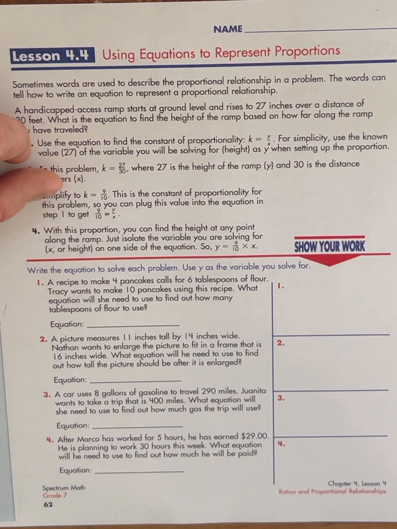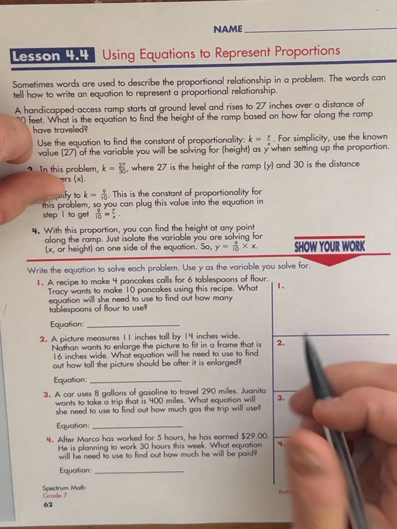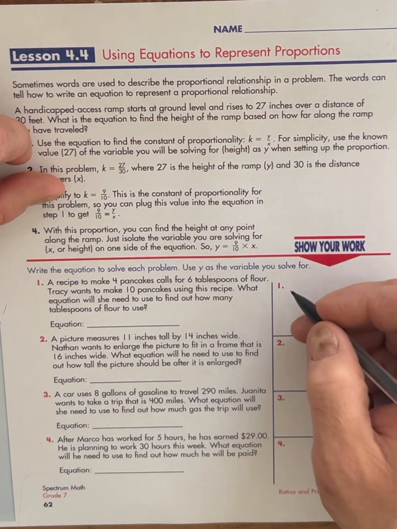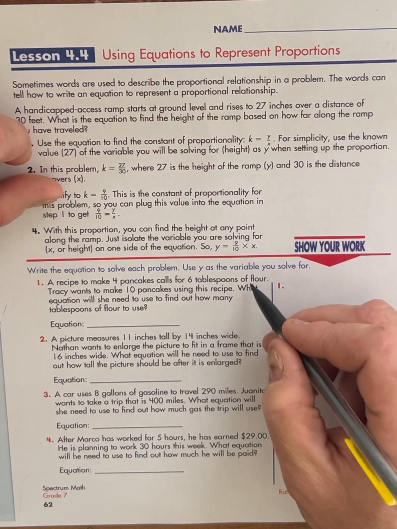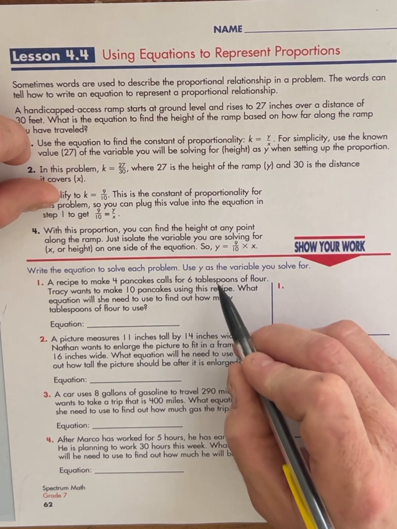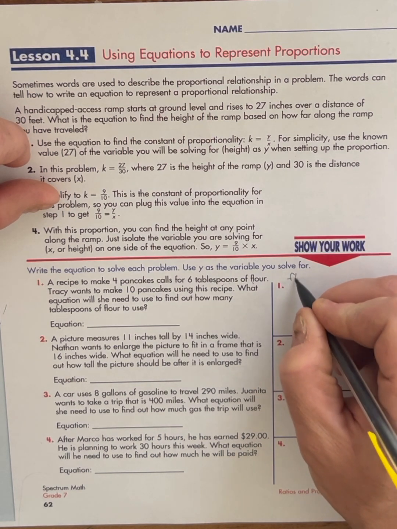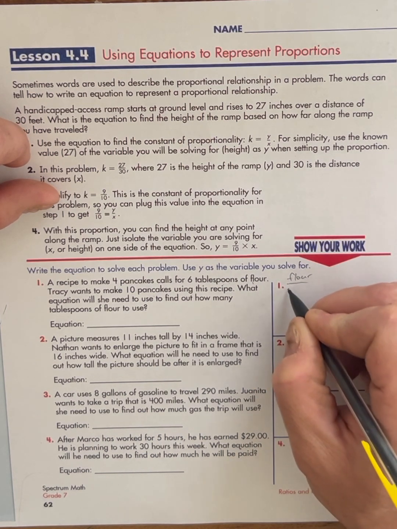So the first thing, when you're solving a proportion, you need to decide what two numbers are going to be where. So I'm doing tablespoons of flour over pancakes.